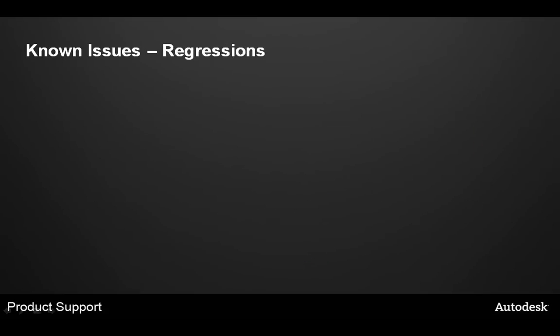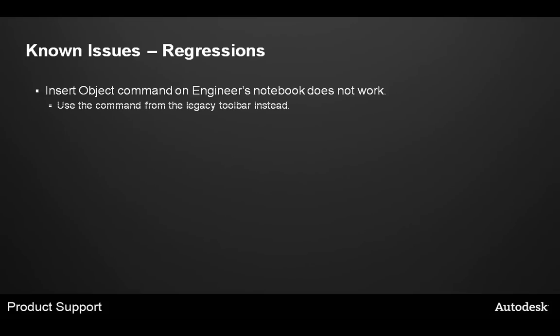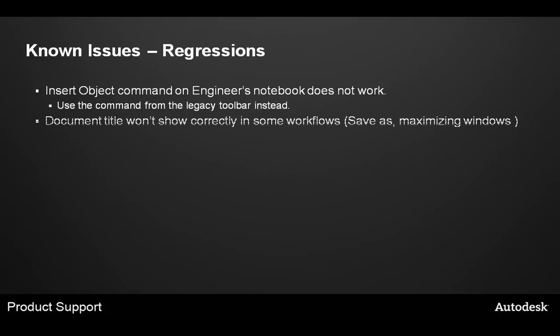A couple of things that we classify as regressions, so things that work not so well compared to 2009. First, Engineer's Notebook has a small problem with inserting of objects. You can use the command from the legacy toolbar instead.